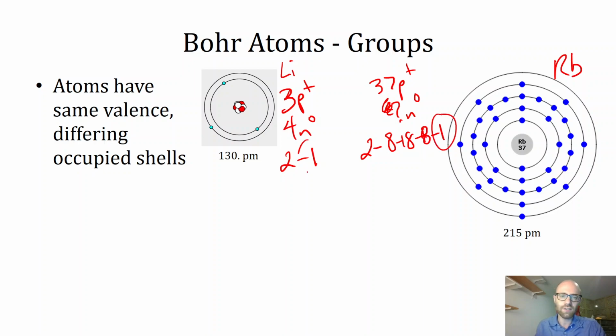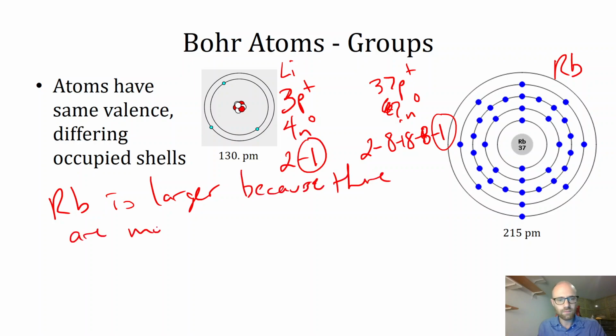So again, these are both found in group 1 because their valence electrons are the same number, 1 each. And it does seem to be that rubidium is larger because there are more occupied shells.